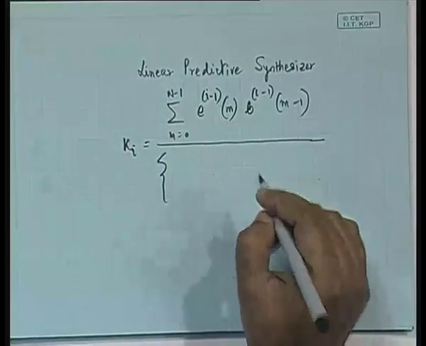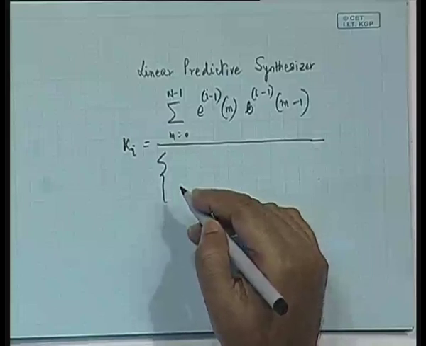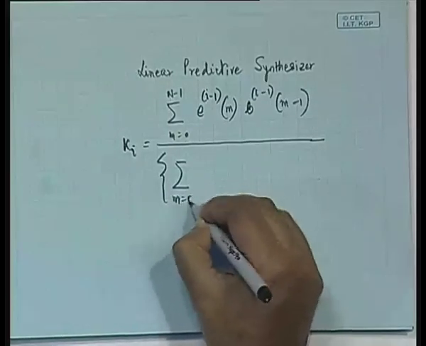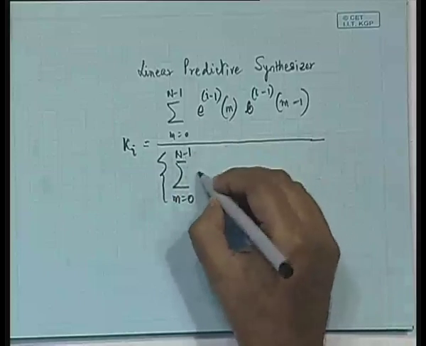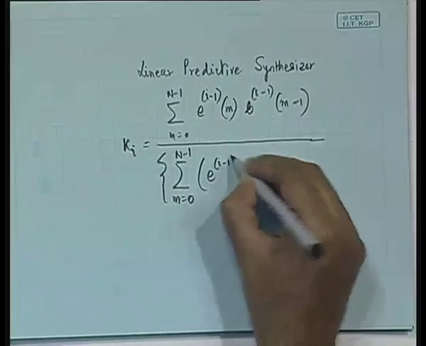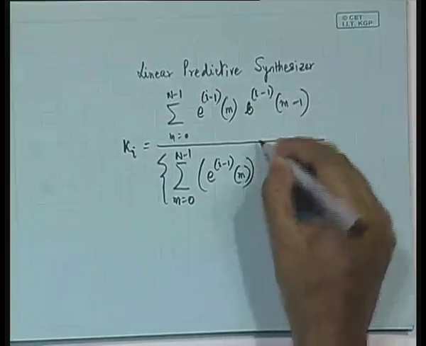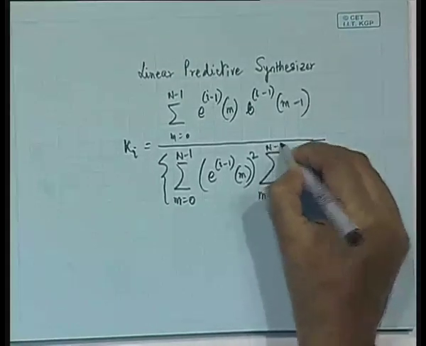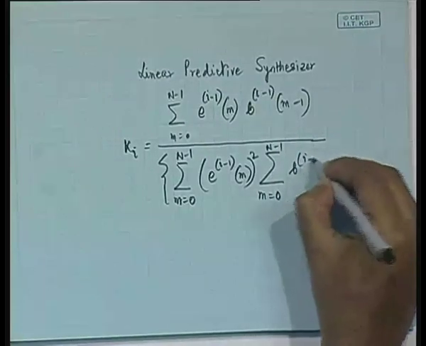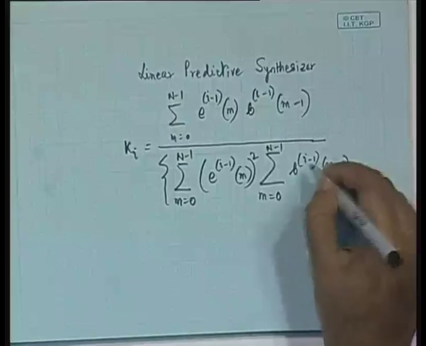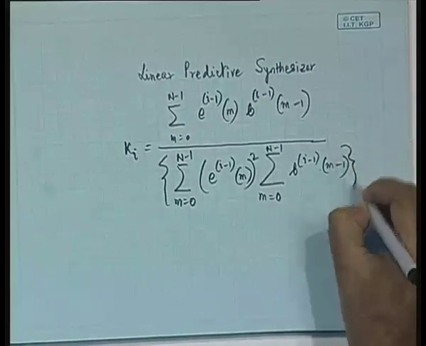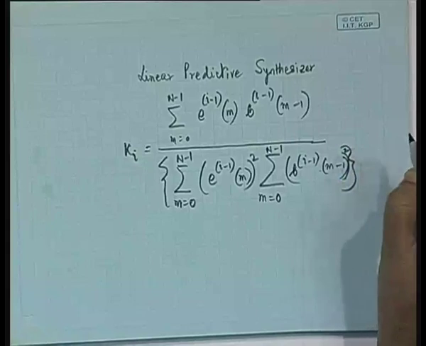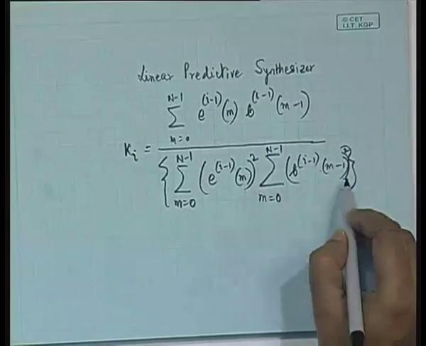In the denominator, for normalization, we have the summation over m equal to 0 to N minus 1 of e of i minus 1, m, whole squared, into the summation over m equal to 0 to N minus 1 of b of i minus 1, m minus 1, also squared.